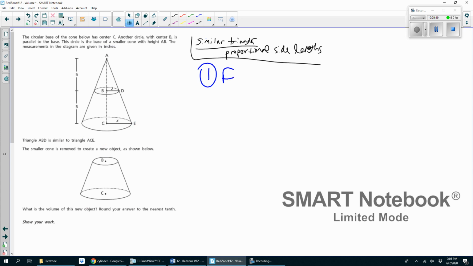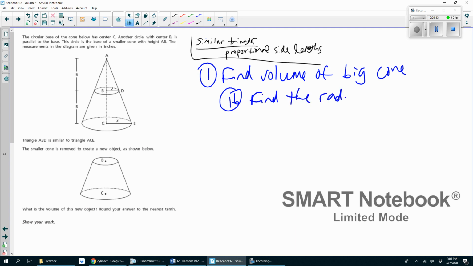So step 1 will be to find the volume of the big cone. Step 1B, and there's a 1B because we can't find the volume until we find the radius of the big cone. We have everything else, but notice where the radius is, there's an x. So we're going to have to find that.